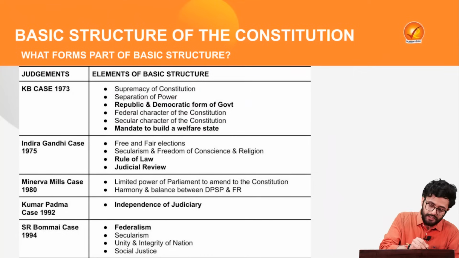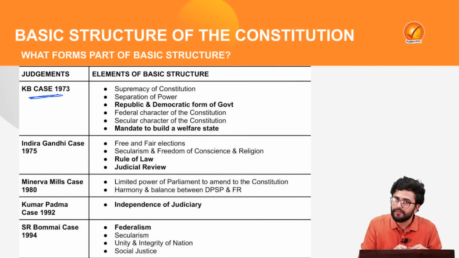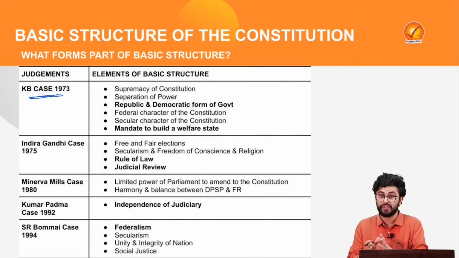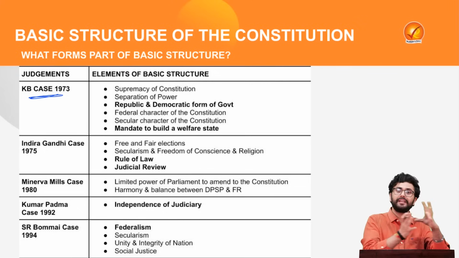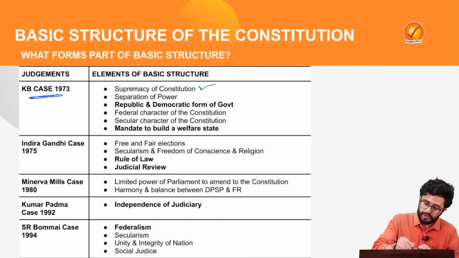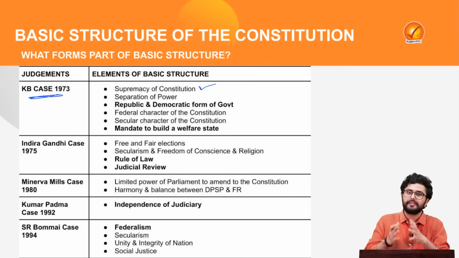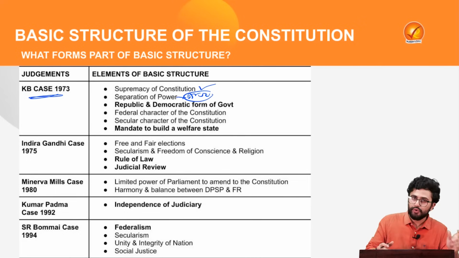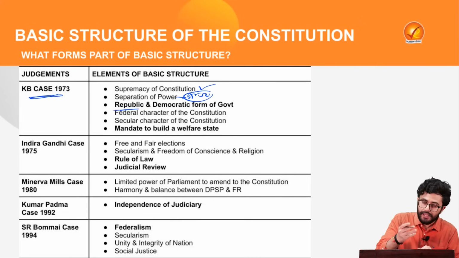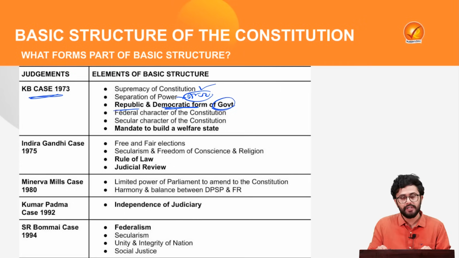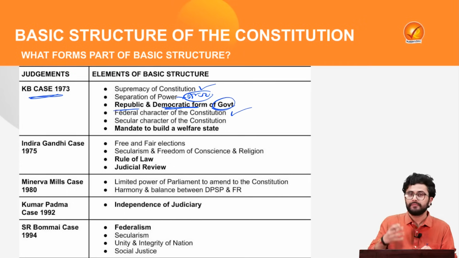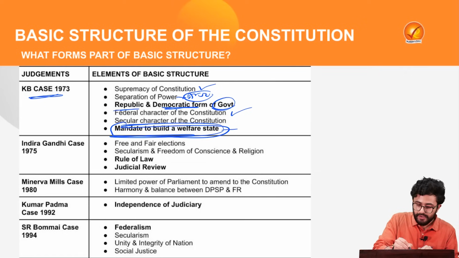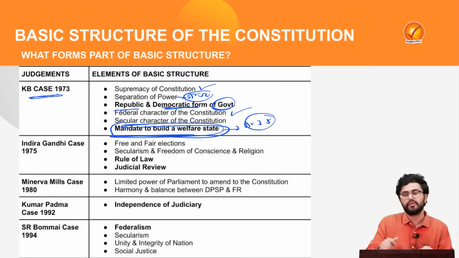First of them obviously being the landmark Kesavananda Bharati case of 1973, under which the Supreme Court held that several elements form part of the basic structure which cannot be amended or taken away by Parliament, such as the supremacy of the Constitution itself, then the separation of powers as envisaged under Article 50, which envisages separation between judiciary and executive, then the republic and democratic form of government, the federal character of the Constitution, the secular character of the Constitution, and finally the mandate to build a welfare state under Article 38 of the Constitution.